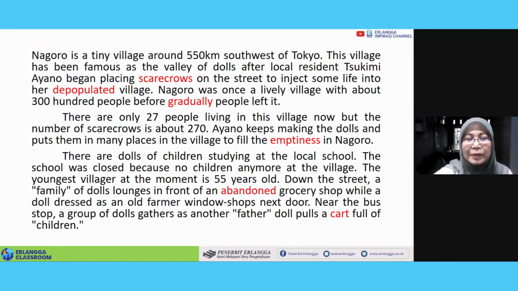And then Nakuru was once a lively village with about 300 people before gradually people left it. Nakuru itu tadinya adalah village yang lively, yang hidup. Slowly, gradually, step by step.